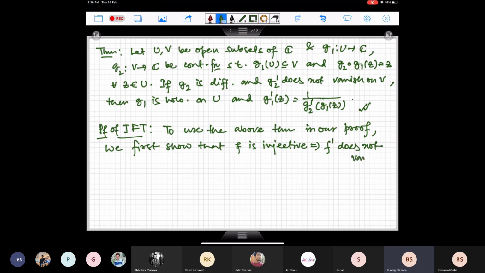Now here I am writing a statement which you need to be really careful working with. Here I have f injective in that open set, and from there I want to say that f prime does not vanish.